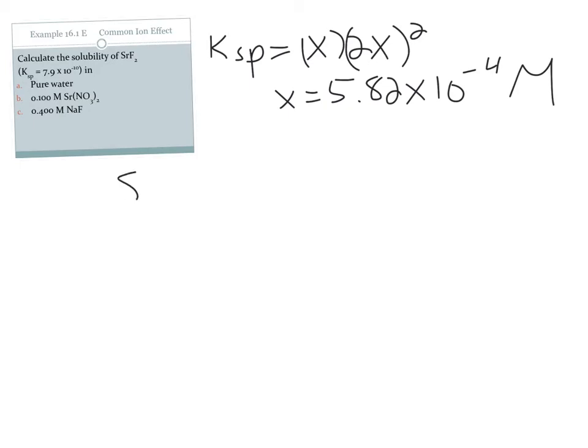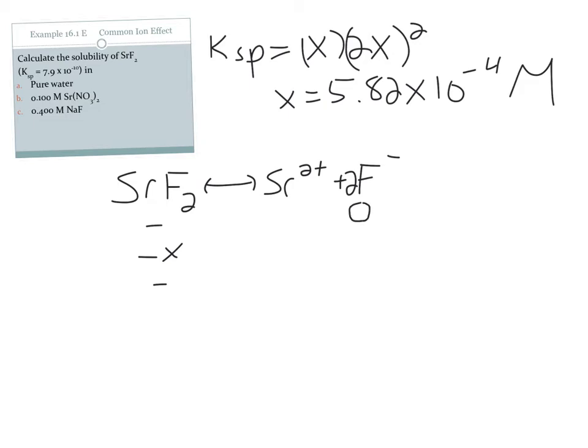So if we had strontium fluoride dissociating into a strontium 2 plus ion and two fluoride ions, minus x, we still have that x there, although the solid does not affect the equilibrium Ksp equation. We have no fluoride to begin with, but for the strontium, we no longer have zero.